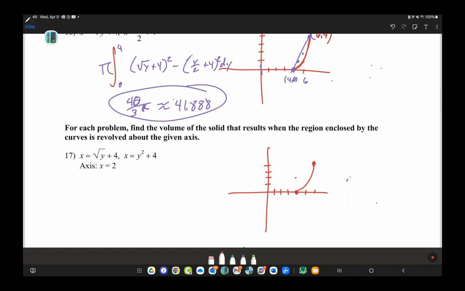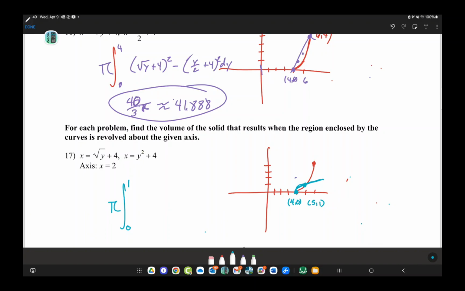So y squared plus 4 starts here. And if I plug in 1, I get 5. That's it right here. So they intersect at 4, 0 and 5, 1. So at least I know my bounds are from 0 to 1.